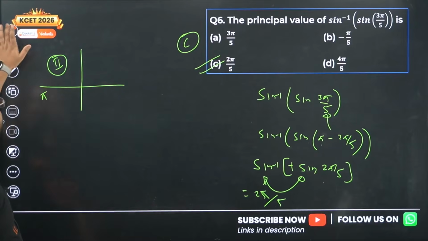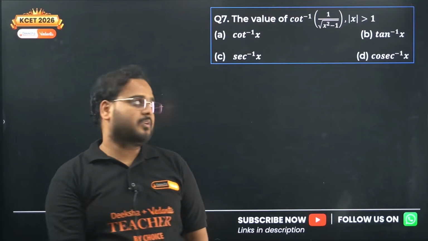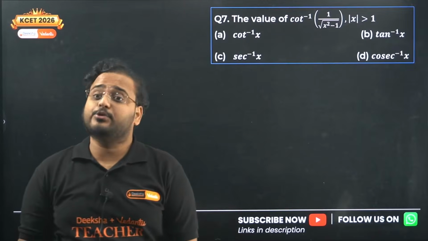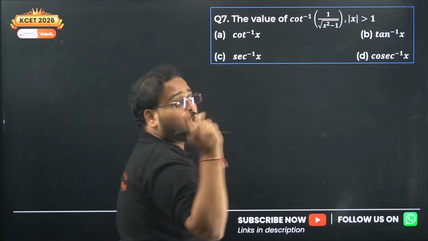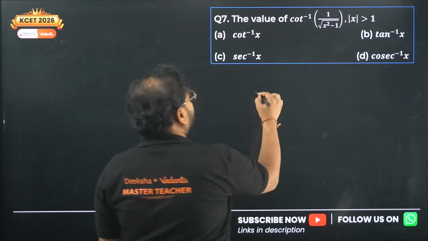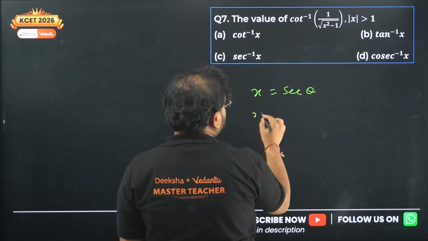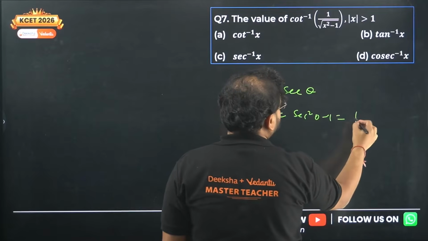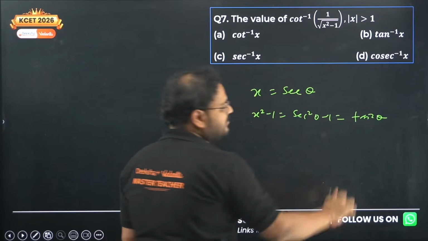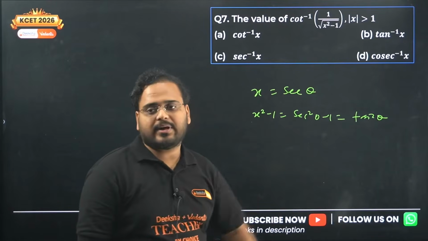Seventh, value of cot inverse of 1 upon root of x square minus 1. From here onwards you have to use some substitutions because we have cot inverse outside. To solve it I need to get cot inside. Take x as sec theta. So you'll have x square minus 1 as sec square theta minus 1, which is tan square theta. How come, sir? The first identities that we learned in grade 10. Sec square minus 1 is tan square.